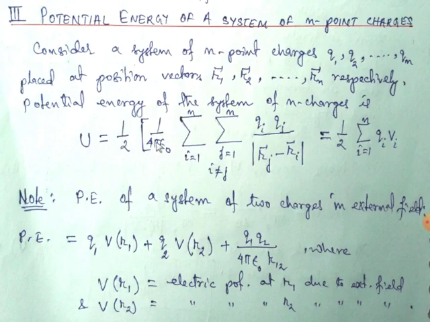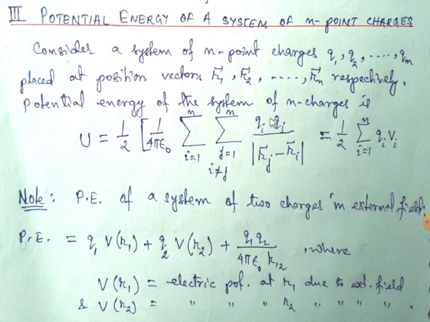So 1 by 4 pi epsilon naught was there in the previous formula, and a double summation will also be there. i goes from 1 to n instead of 3 in the previous formula. Then j will also go from 1 to n, but i should not be equal to j; we have to take i and j as not equal.